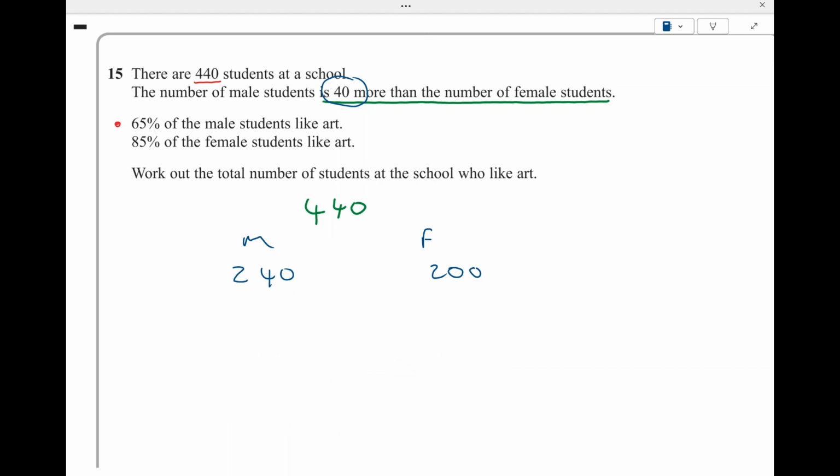Right, next, 65% of the male students like art and 85% of the female like art. Work out the total number of students who like art.